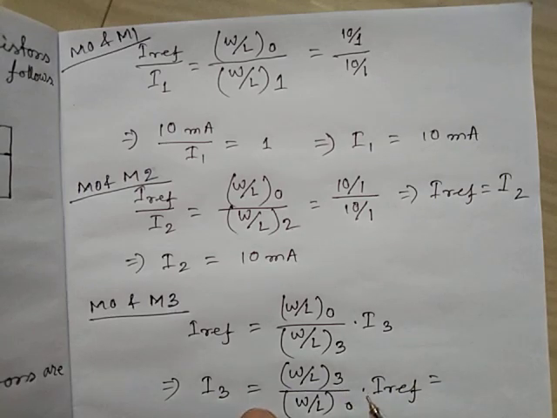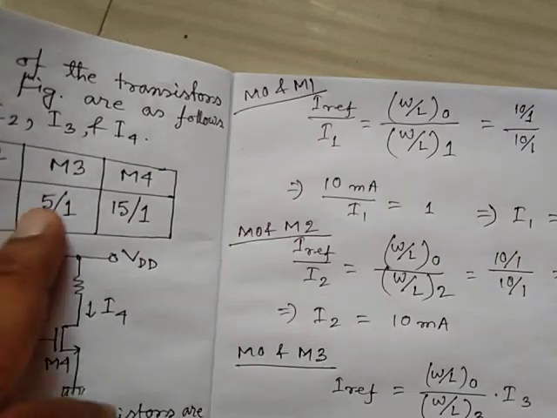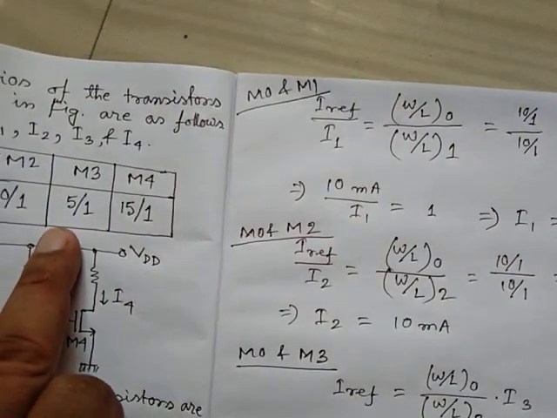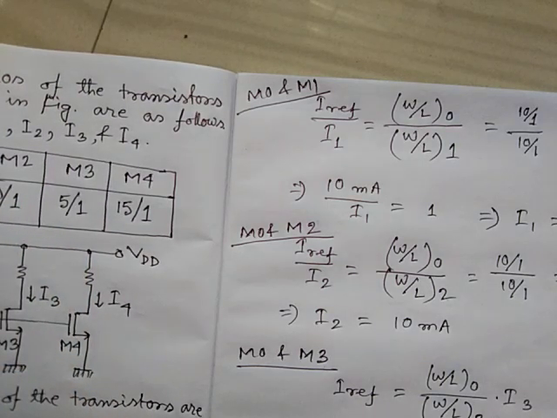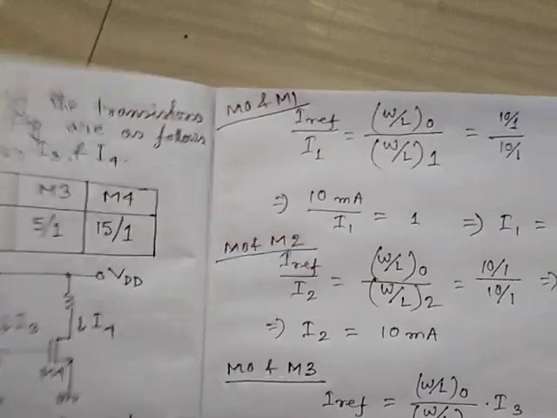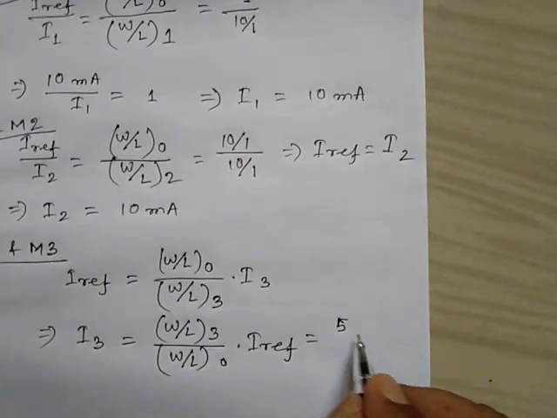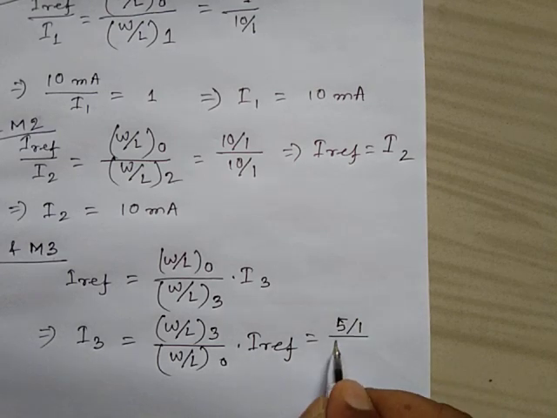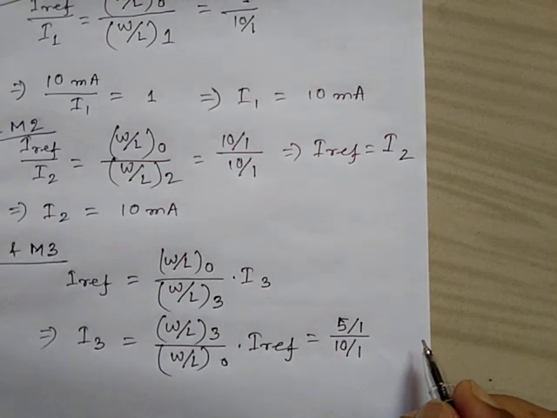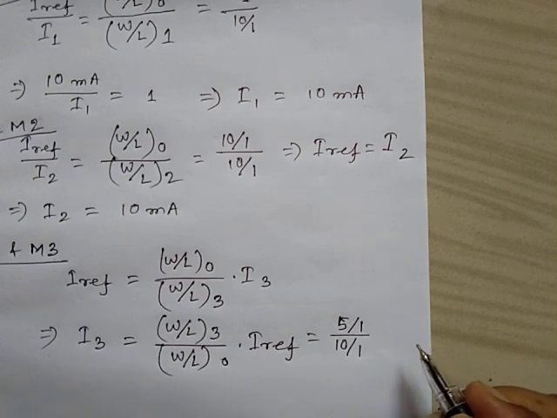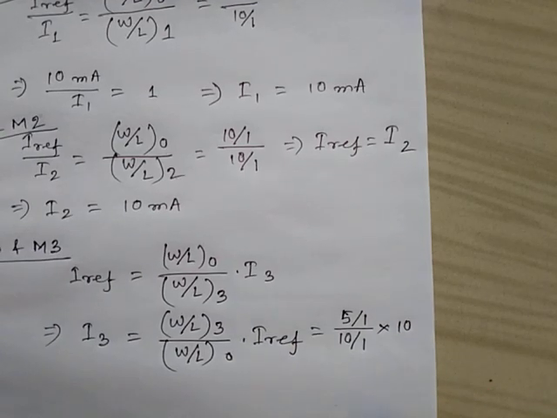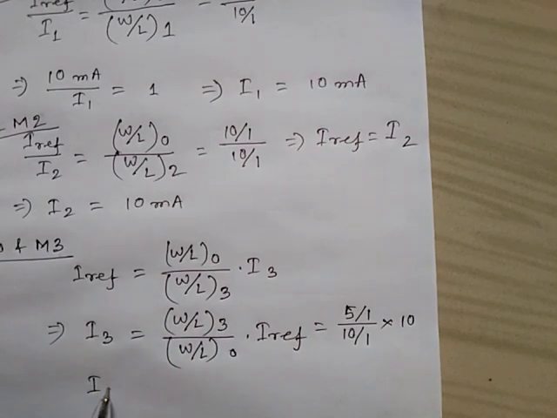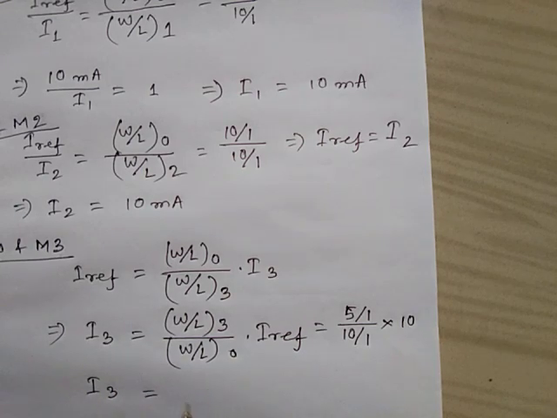W by L of M3 is 5 by 1 and W by L of M0 is 10 by 1. So we can write 5 by 1 by 10 by 1, into the reference current, which is 10. So I3 equals 5 milliampere.